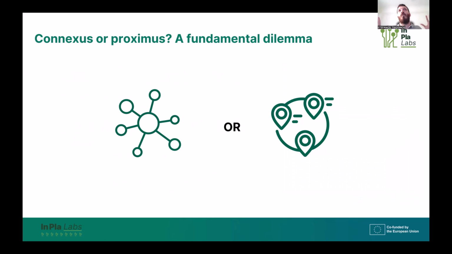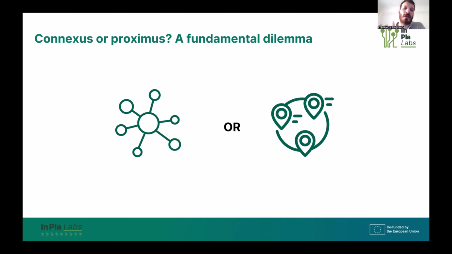We will deal with one topic of integrated planning, because integrated planning could cover many more topics, and we think that a very popular dilemma is the difference between connecting and being in proximity with other things.